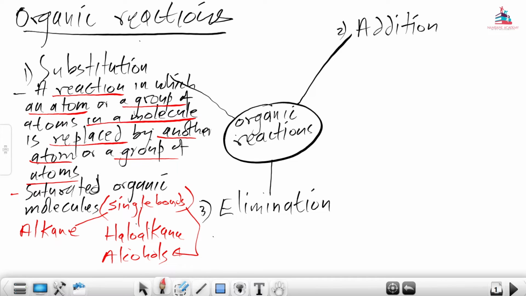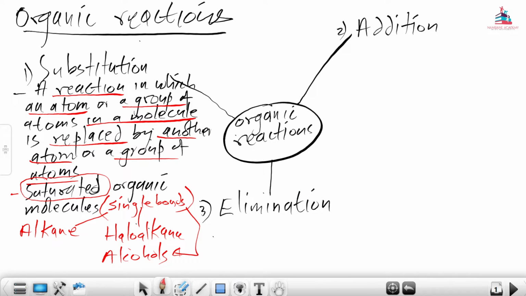Because all alkanes, haloalkanes and alcohols contain single bonds only. So if I am talking of a substitution reaction, I can only be focusing on saturated organic molecules, which are molecules that consist of only single bonds.